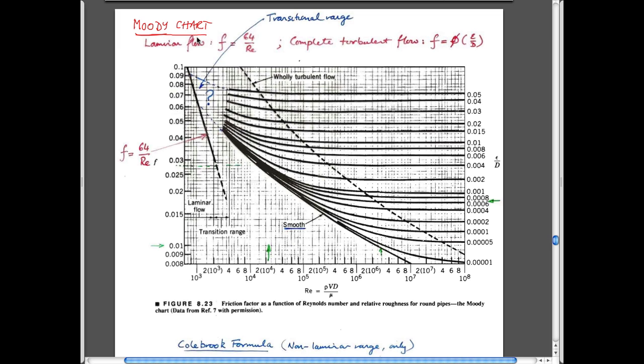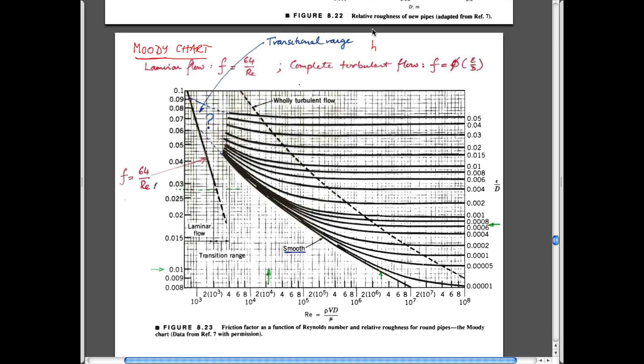And it all represents the fact that we want to know the head loss. We've surmised that the head loss is equal to some friction factor, times length to diameter of the pipe, times the velocity head, V squared over 2g.